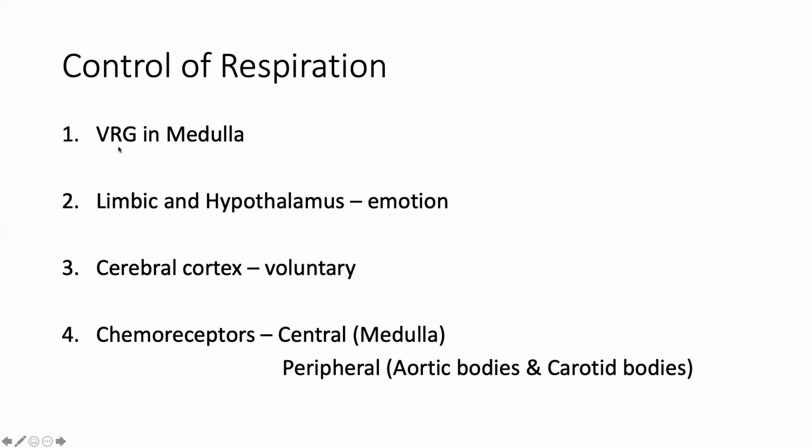The ventral respiratory group of nuclei controls involuntary respiration. At the same time, in our brain, the limbic region and hypothalamus region also control respiration. It is related to emotion, so when we get excited, this emotion can increase our respiratory rate.